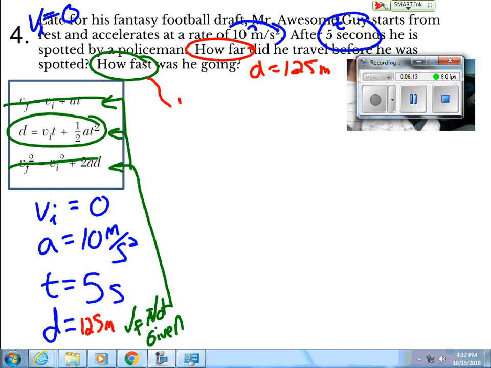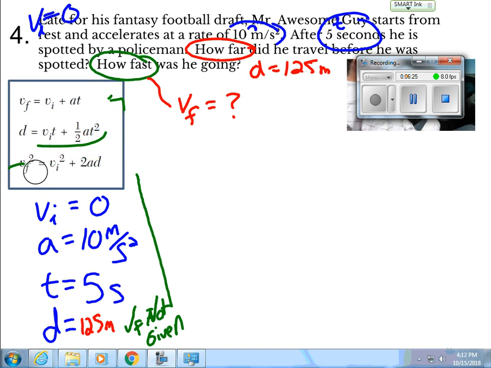So if I don't know what my V final is, I can do this a couple of ways. I can take the information from my distance and solve for it. So I'm going to erase these equations. And I can basically choose almost anything I want because I have all these other variables that I can use. Let's do the easiest one. The easiest one is this top one.